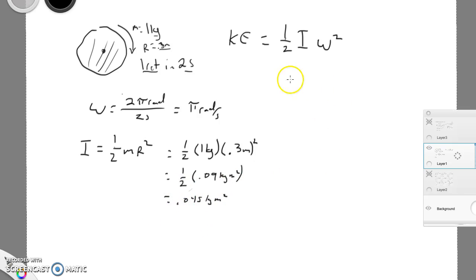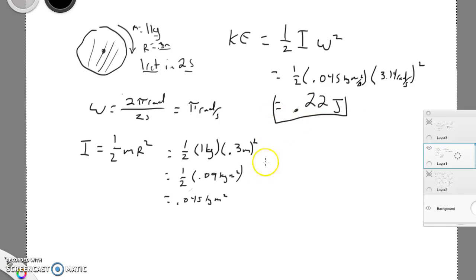So I'm going to take this up here, 1/2 times 0.045 kilogram meters squared times our angular velocity of pi radians per second. I'll always put in 3.14, and square it. We'll go ahead and punch it all in, and we get about 0.22 joules. And there we go.